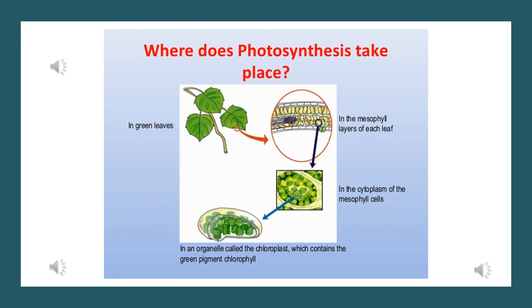So now the food is already prepared in the leaves, and the energy is being stored in the form of glucose. But what if the roots or the stem of the plant require energy? They need some way to transfer this energy which is stored in the form of glucose.